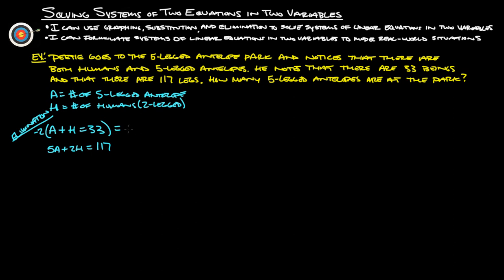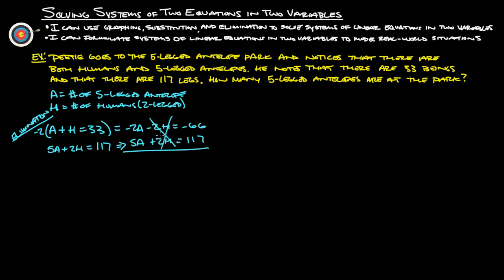So -2, distribute that -2 to all 3 pieces, and we get -2a - 2h = -66. And then remember, we're going to move this equation right underneath it: 5a + 2h = 117. And then we're going to add these two together.